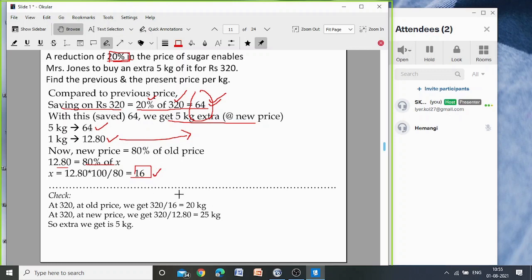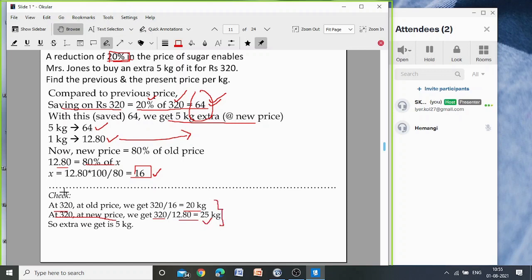And we have just given a check, if you have time or when you are practicing at home. We will calculate for 320. You will get 320 by 16, that is 20 kg sugar. Similarly, for 320 at the new price, you will get 320 by 12.80, that is 25 kg sugar. So actually you are getting 5 kg extra.